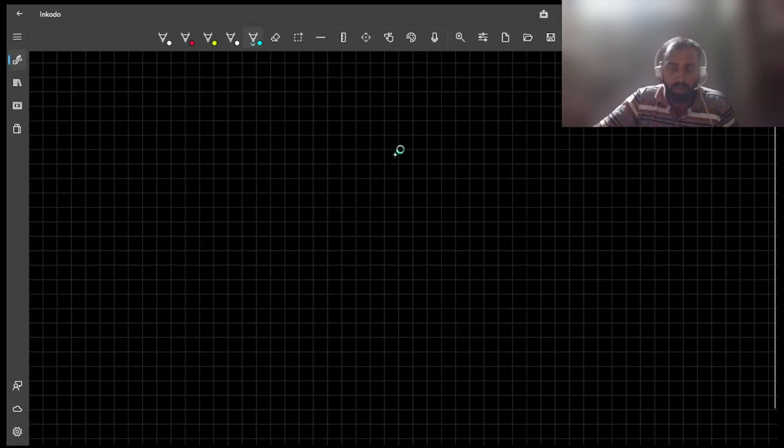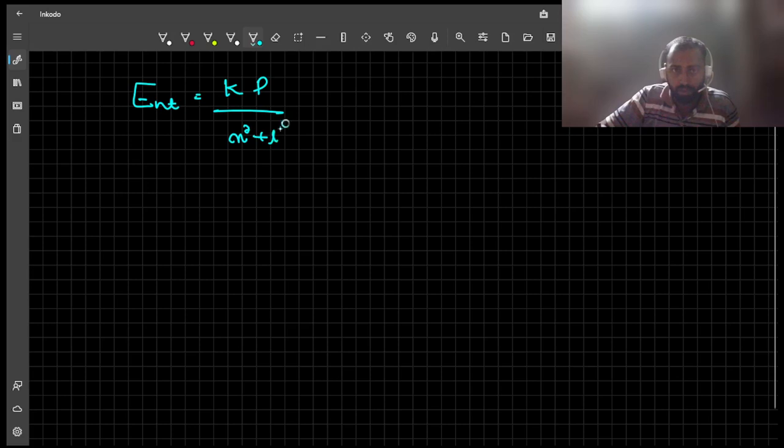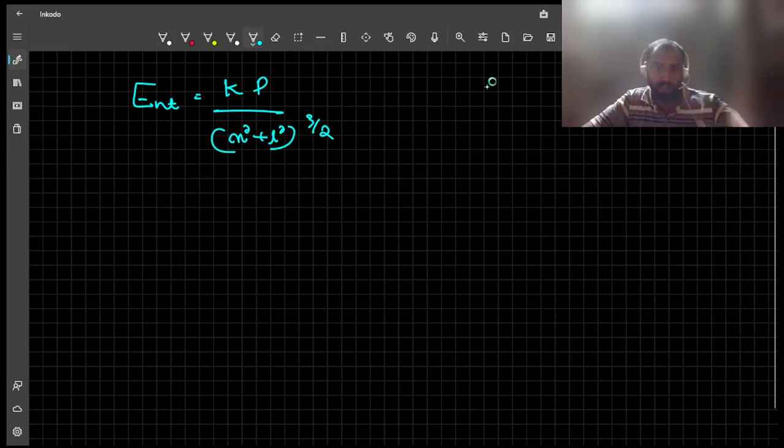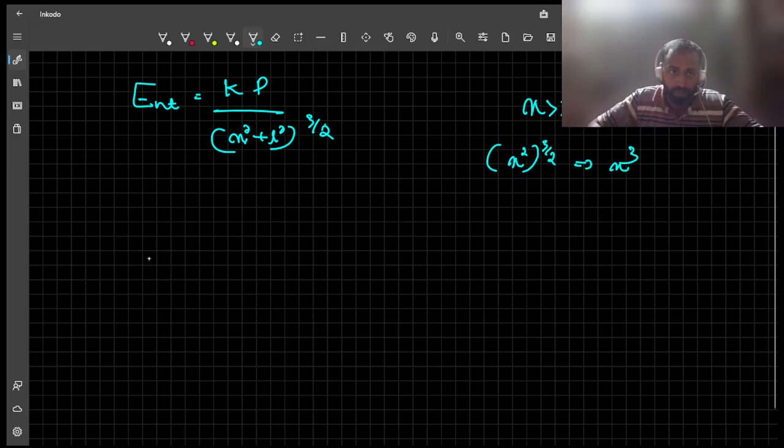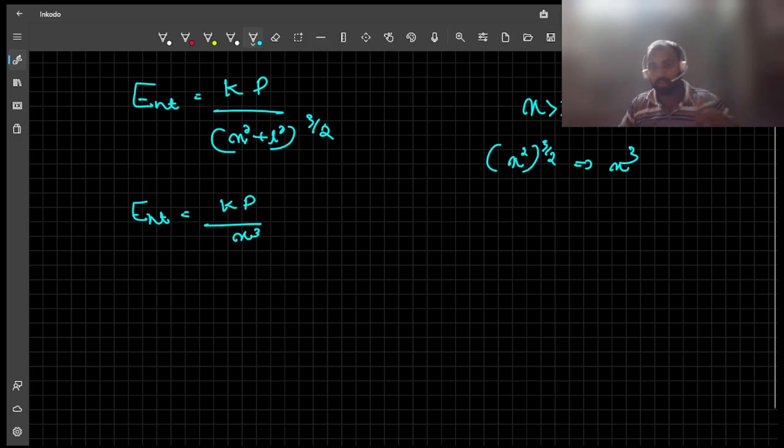If we talk about the approximation, E net is Kp by x square plus L square, the whole raised to 3 by 2. The same approximation we have taken earlier, that x is very much greater than L, so I can neglect this L. So x square, the whole raised to 3 by 2, we can write as x cube. So E net is Kp by x cube.